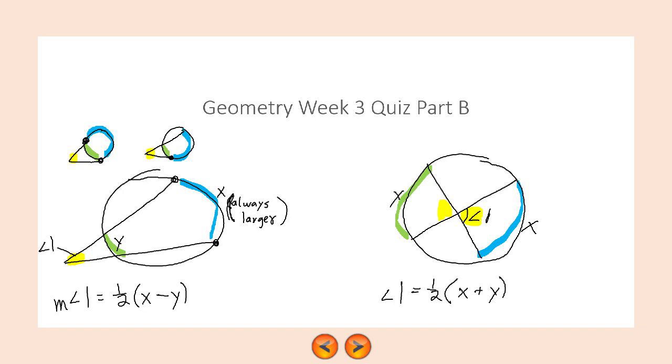We said angle 1 is the average of the arcs, because that's what it is. For our earlier pictures, they were different pictures, so we knew this had to be subtraction because this was a difference.